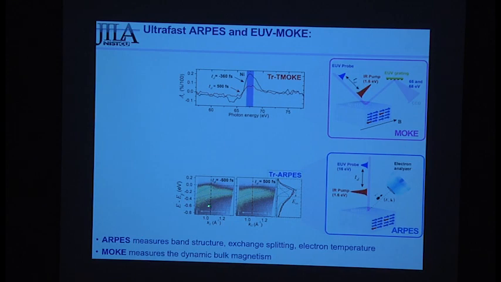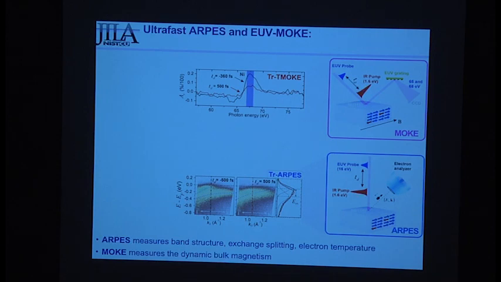So we can monitor the exchange splitting as a function of time. Angle resolved photoemission measures the surface band structure exchange splitting, and we can take a line out and fit exactly the electron temperature. We don't need a model, we just fit the Fermi-Dirac distribution.